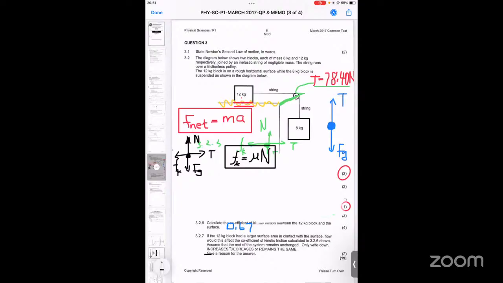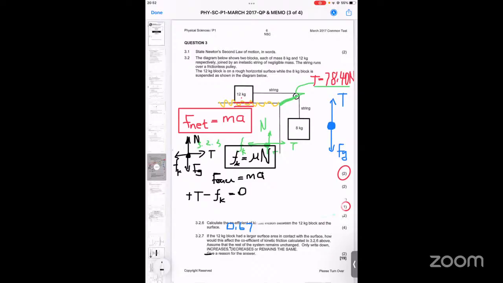the other formula says Fnet. Yes, Fnet equals to ma. So we have the tension towards the right minus that kinetic friction, it's equal to ma, and our ma is 0 there.